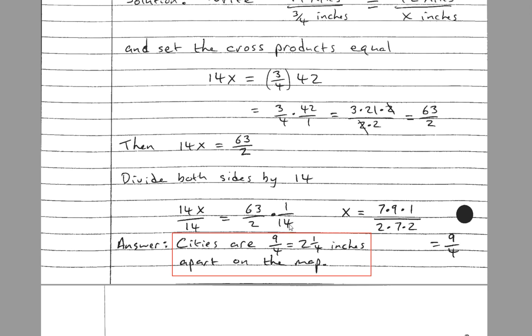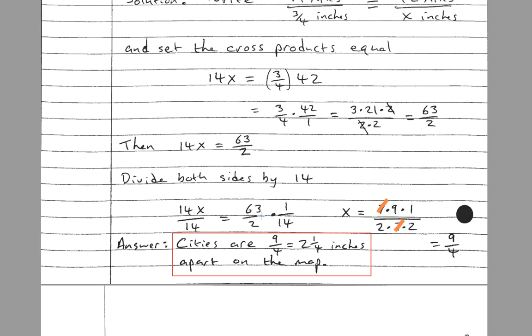You can see the 14's on the bottom, so we're really dividing. And just to make it easier, the 63 is 7 times 9, and 14 is 7 times 2. So those 7's cancel.